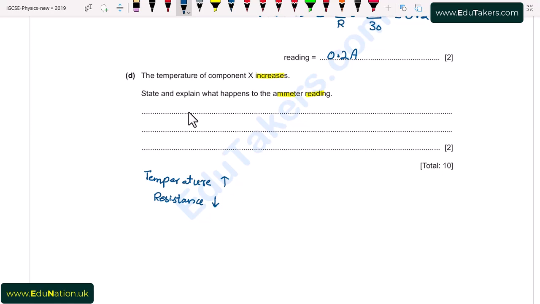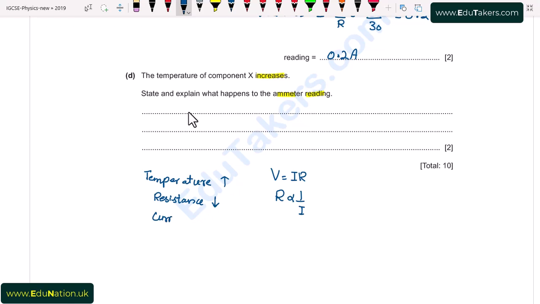Now how is the resistance related to the current? The EMF of the battery is given as 6 volt, which is fixed. Its value is constant. By using Ohm's law, V is equal to IR. Here V is constant, so we can simply say that R is inversely proportional to current. When the resistance decreases, it means that the current in the circuit increases.